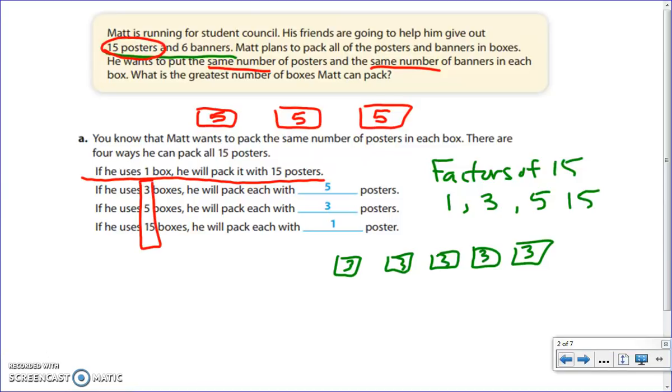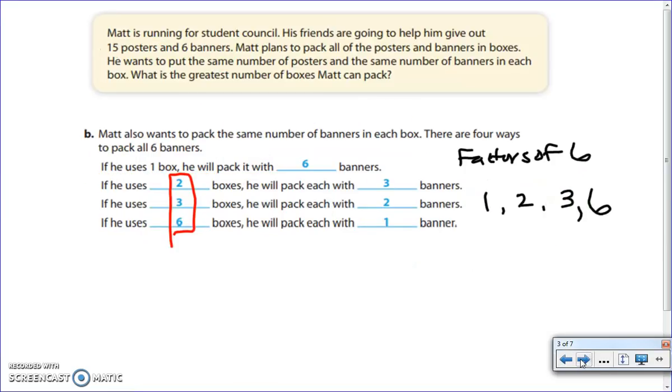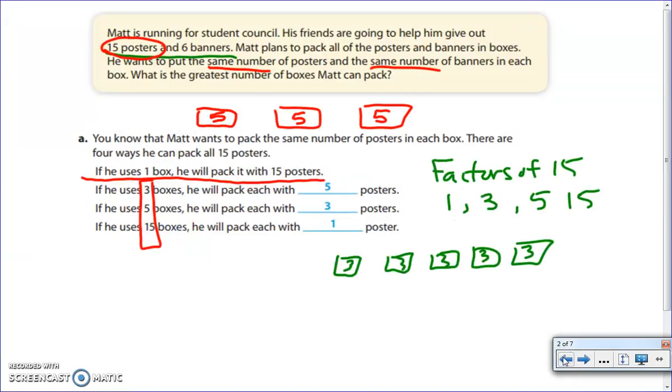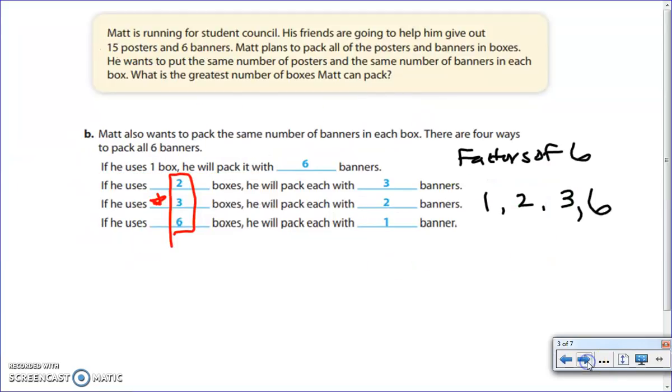Okay, so I'm looking at 3, 5, and 15, as well as 2, 3, and 6. And what I'm starting to see is that maybe if he uses 3 boxes, he will be able to evenly divide them into both the same number of posters in each box and the same number of banners in each box. So 3 is going to be the magic number I'm predicting because that is a common factor between 6 and 15.